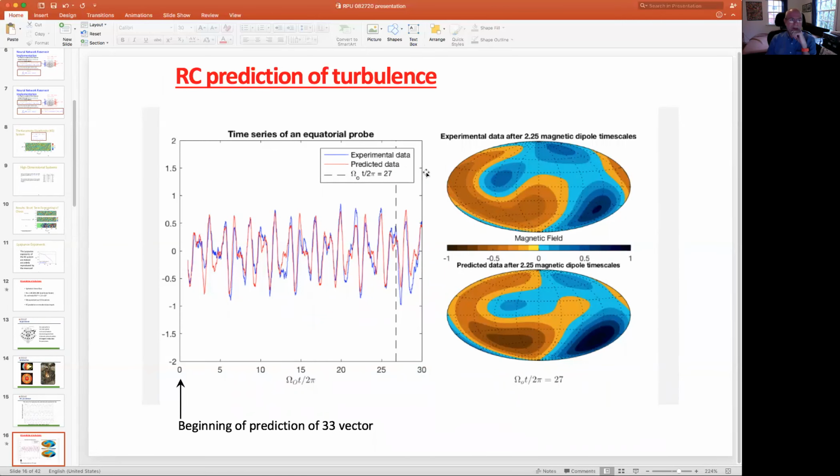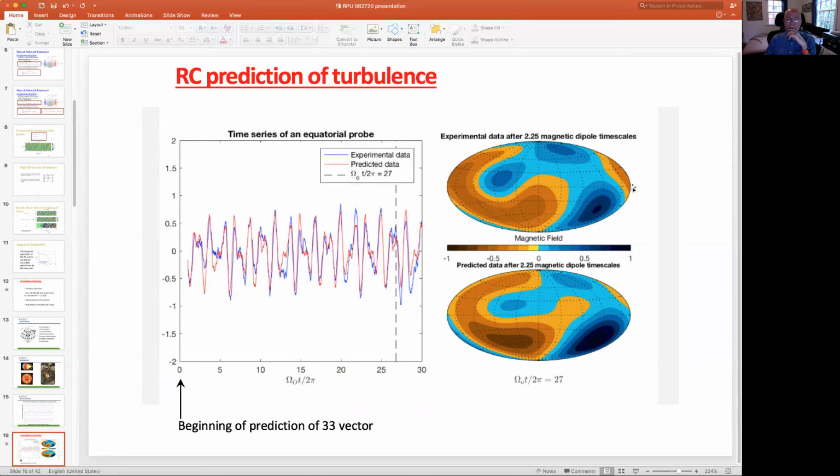Another way of looking at that data is to take all of the 31 probes on the outside and form a map of the magnetic field. So here, again, we start prediction at time t=0, and I'm showing maps of the magnetic field at 27 rotations into the data, which is on the order of 2¼ magnetic dipole diffusion timescales.